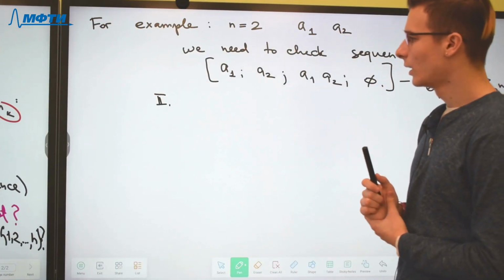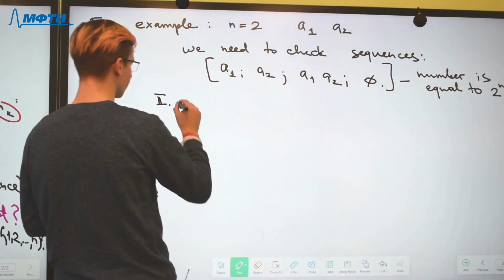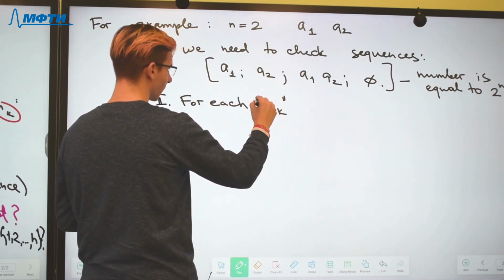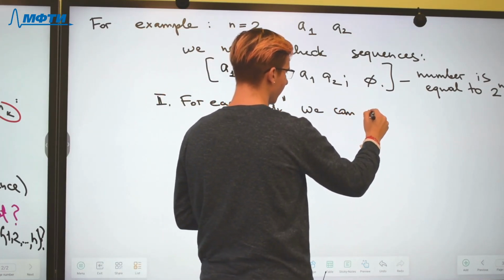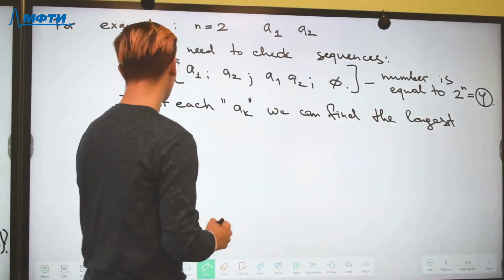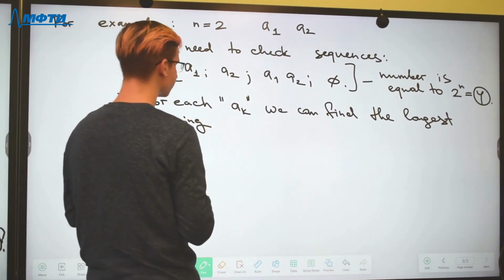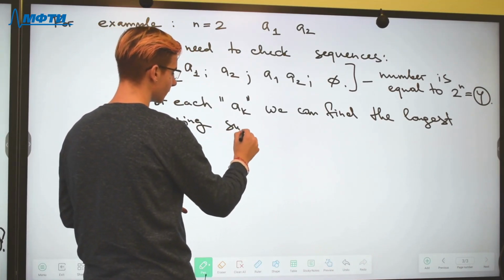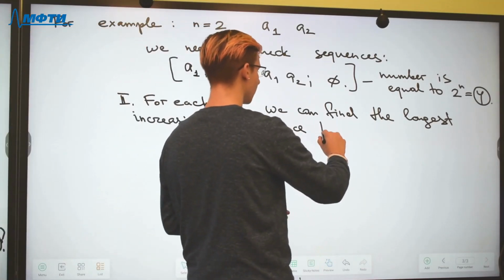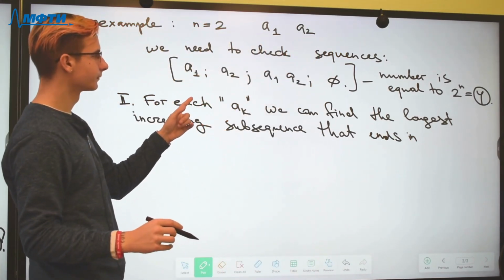we can say that for each A with index k, we can find the longest increasing subsequence that ends with Ak.